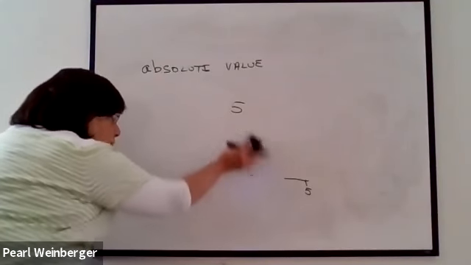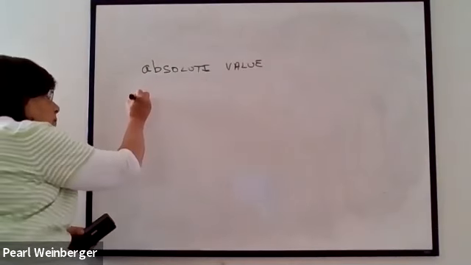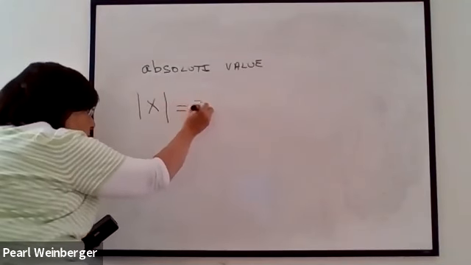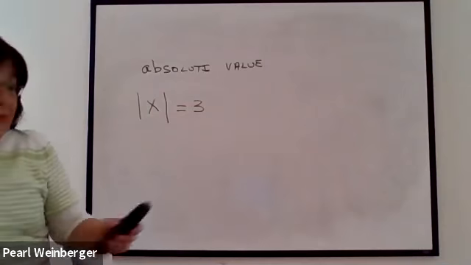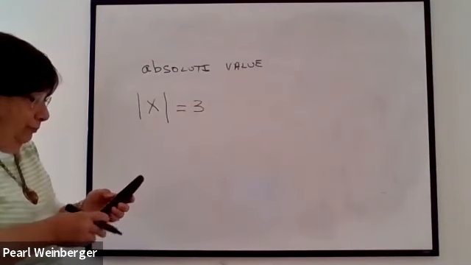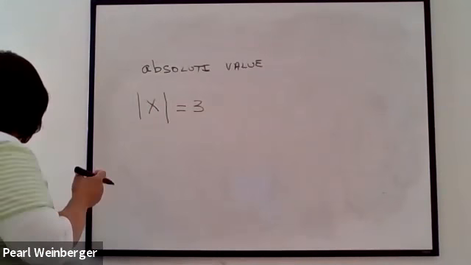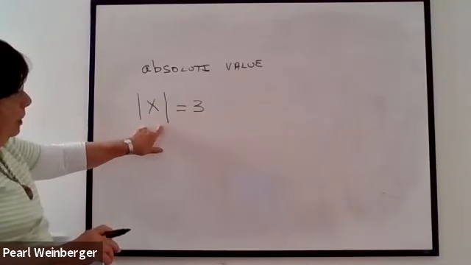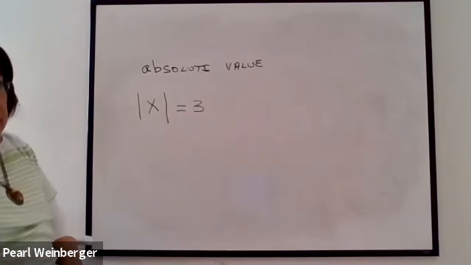I'm going to take an equation that looks like this: the absolute value of x is equal to 3. How do I solve that, the absolute value of x is equal to 3?